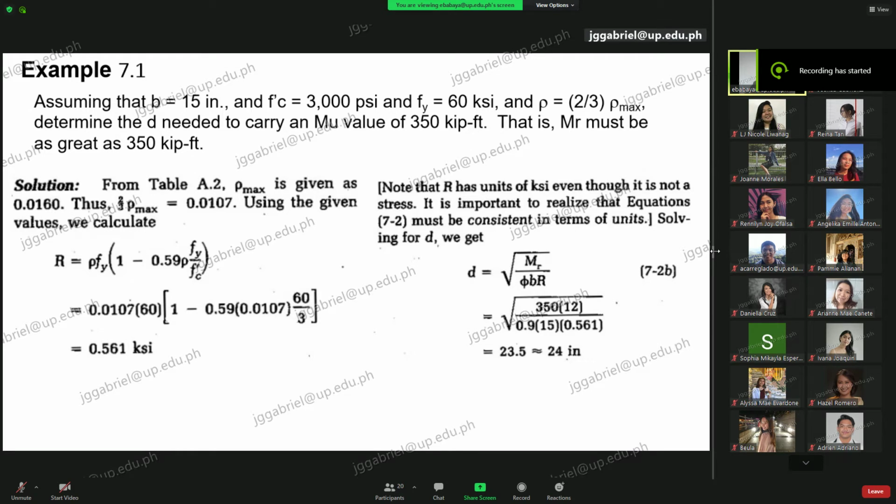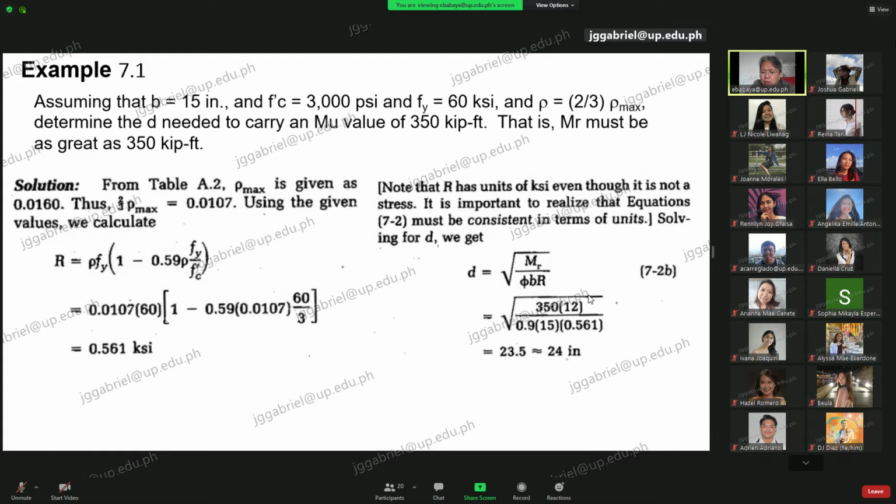Okay. Now that per square inch, which is in the denominator, becomes square inch of this quantity inside the square root sign. Now the inch in here, which is kip foot, magiging kip inch ito because of this 12.